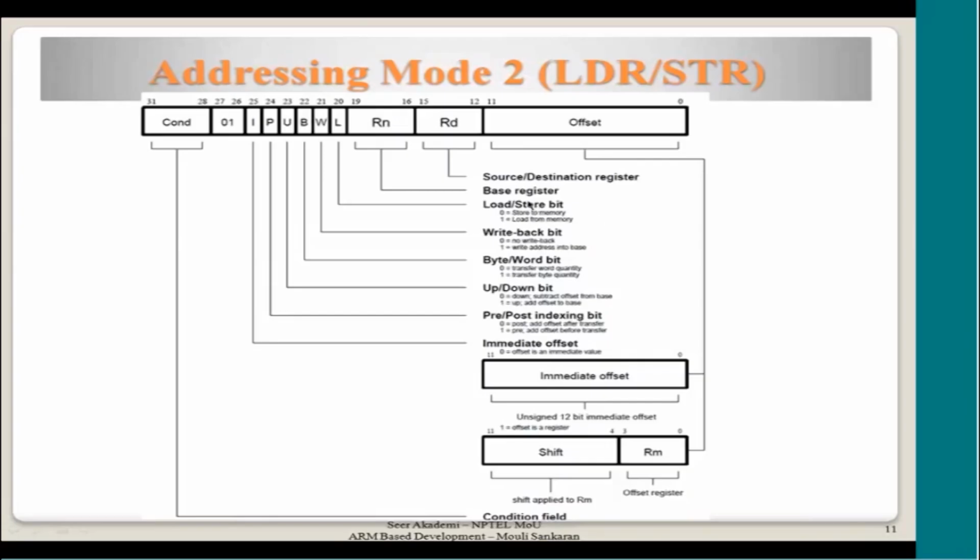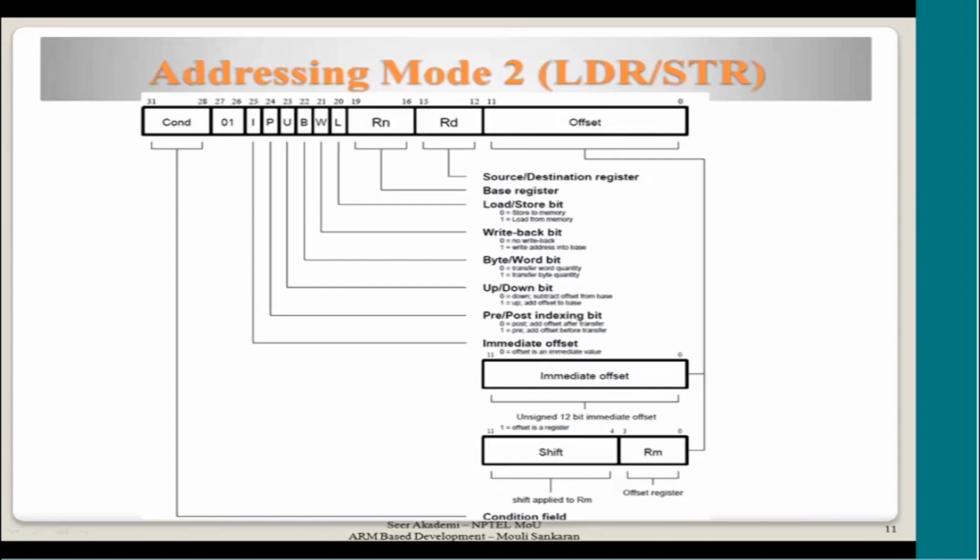Okay, now I am mentioning a base register here. When I show a typical example, you will be very clear about it. Base register is one of the 16 registers which are there in the processor. Whatever is the content of that is taken, and then an offset value which is given here is either added or subtracted, or it is rotated and then added, anything based on the type of the addressing mode.